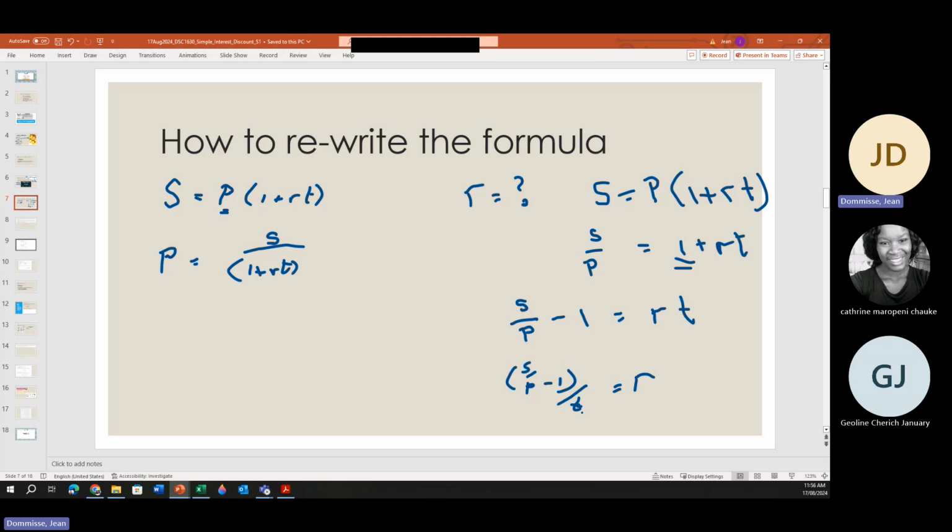So after each session, I will show you how to rewrite some of the formulas, because it might also be that we need to work out some of it in a question.